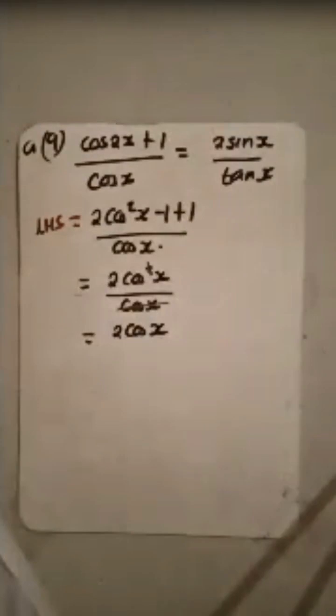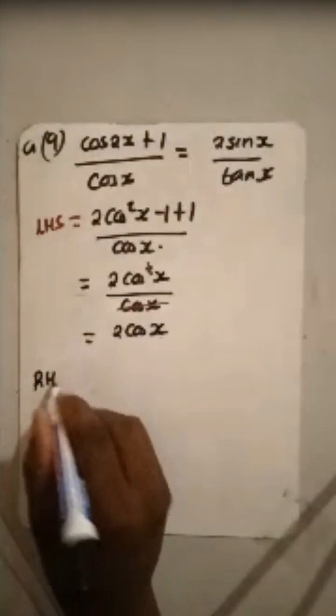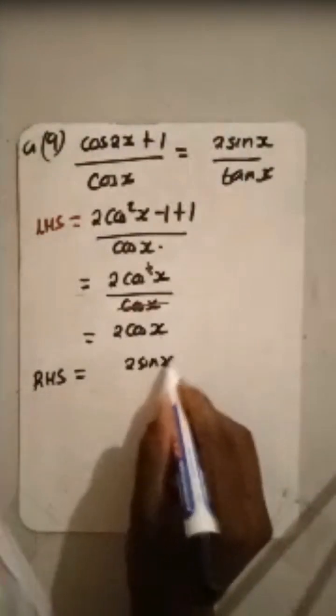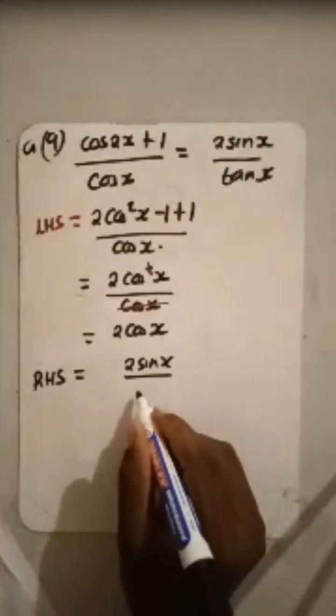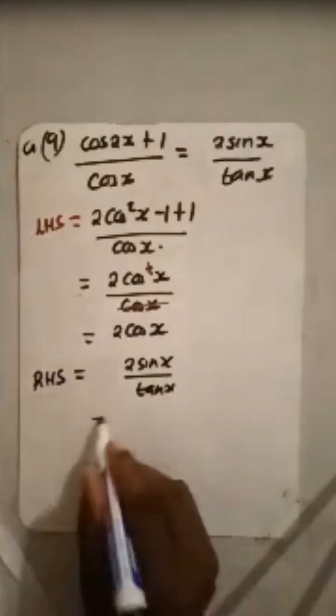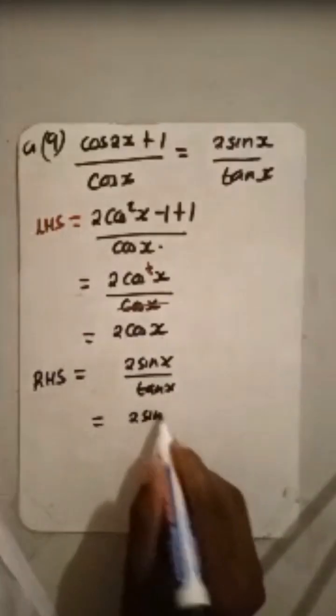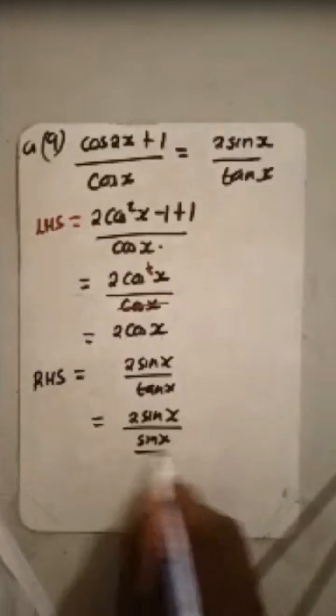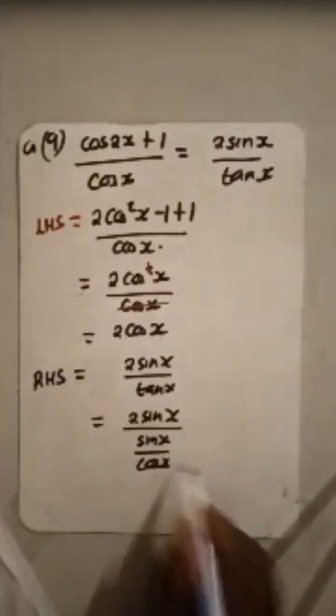So is there anything that we can do to the right-hand side? Yes, it is there. 2 sine x over tan x, which is the same as 2 sine x over sine x over cos x.